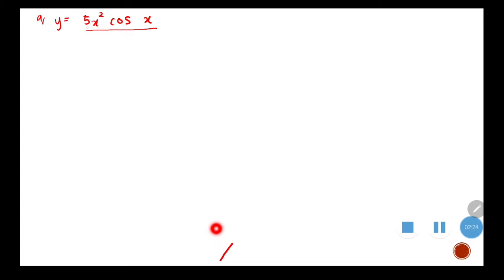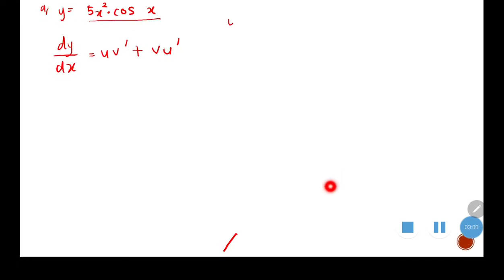Okay, this is a product rule, right? 5x squared times cos x. Because it is comprised of two functions, it is a product rule. So we must use the product rule, which is uv prime plus vu prime.